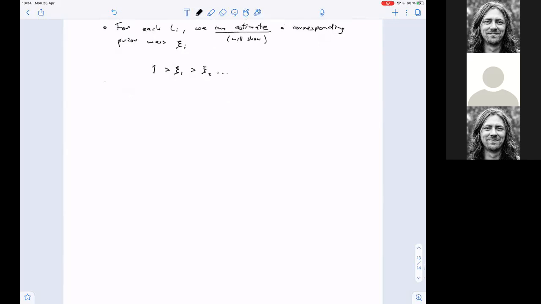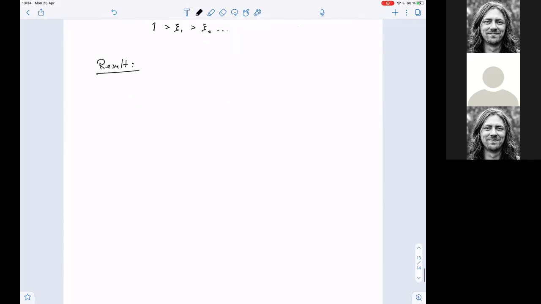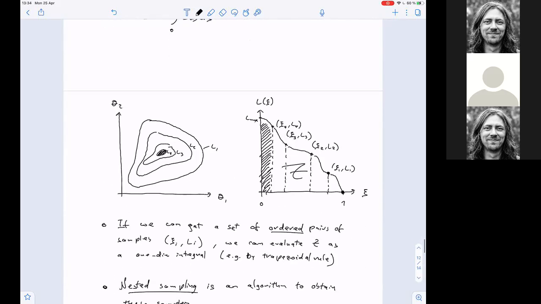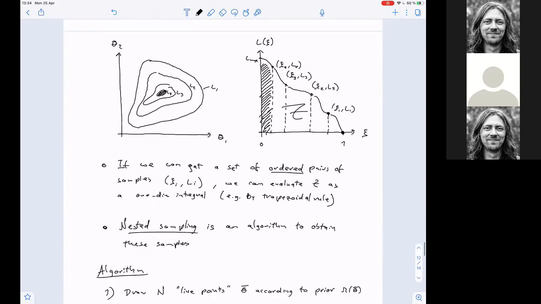So then in the end, the result is that, first of all, we can estimate the evidence. We now have a fairly dense set of samples along this L of psi function.